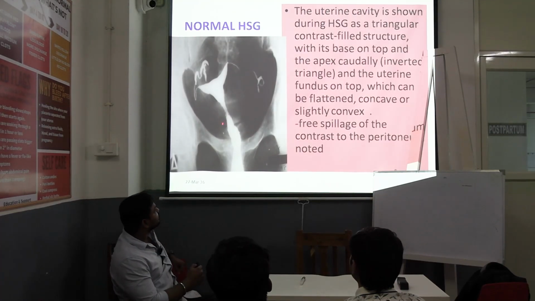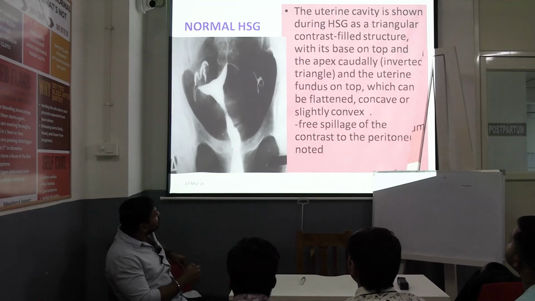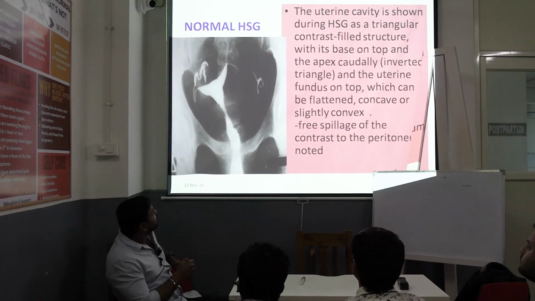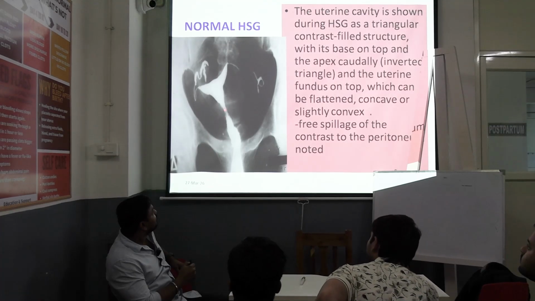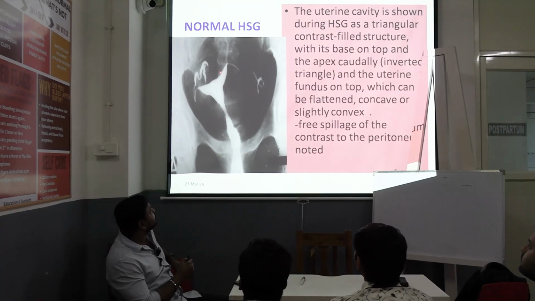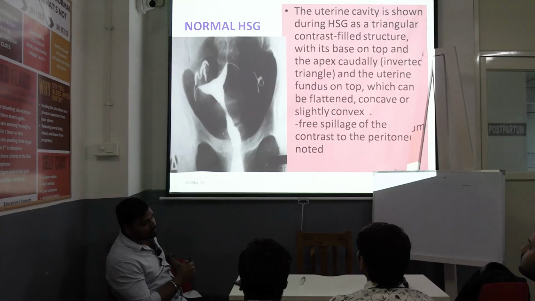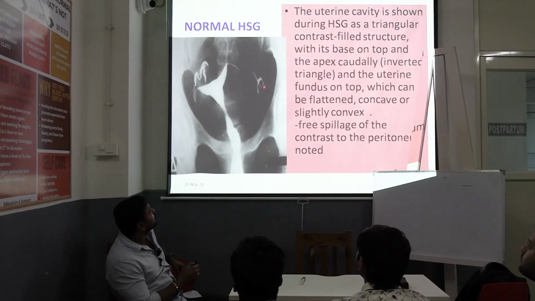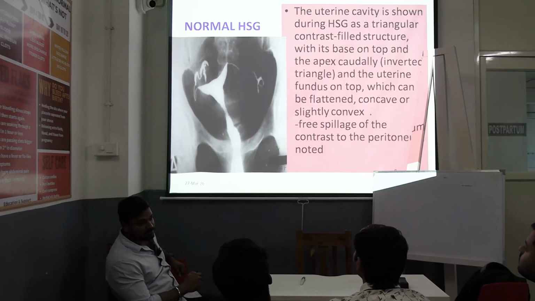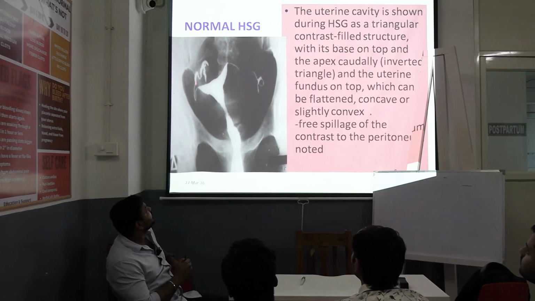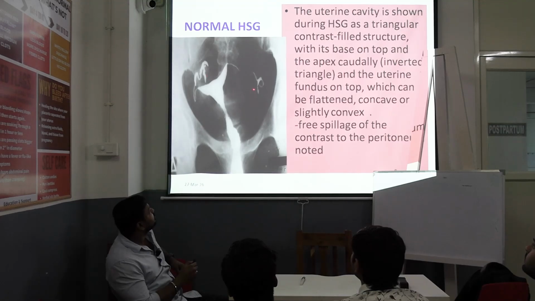Okay, so this is HSG, hysterosalpingography. How will you understand a normal HSG? See, we can see this is the cannula, and this white color is the contrast medium. We have spilled the contrast medium. This is the os, and this is the uterine cavity. Then see, the tube is going, there are tubes on both sides. From the tube there is spillage, this is the spillage, this is the track of the tube.